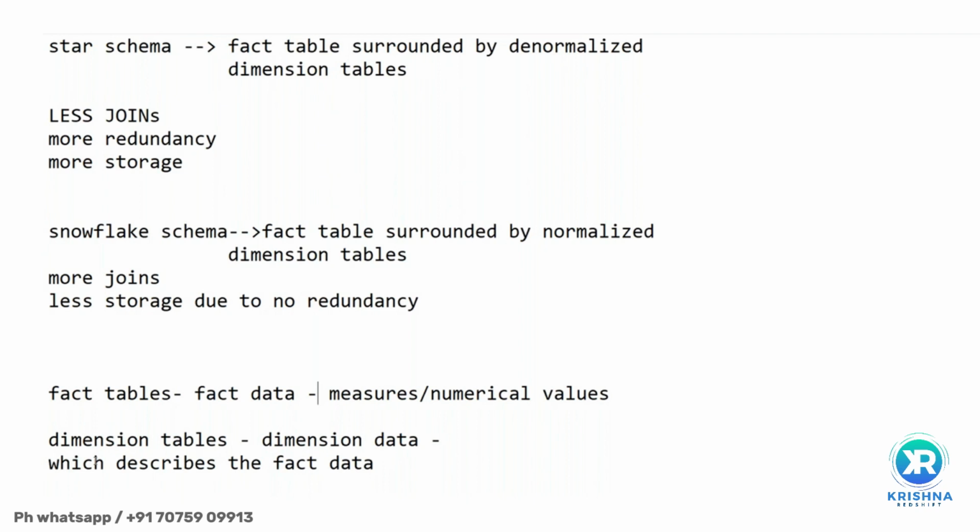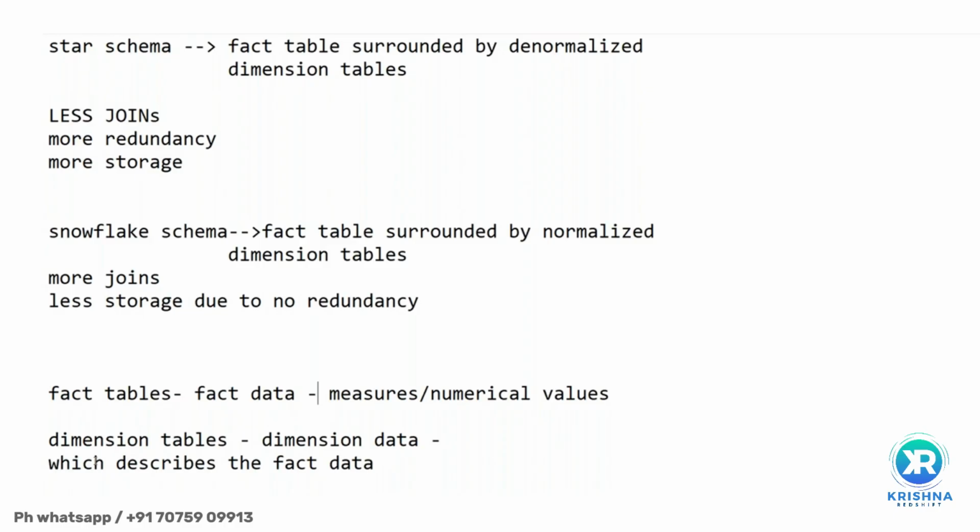Definitely, what you said is right. They will maintain some history in the dimension tables data. For example, take Fair and Lovely. Earlier it was coming in some other color, now it's coming with a different color. They will maintain all that: till what time it came with a particular color, and now which color it's coming with.